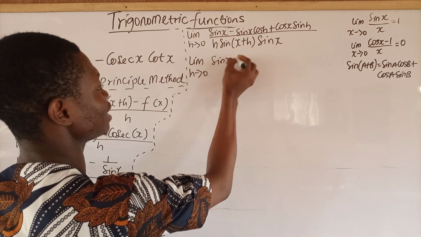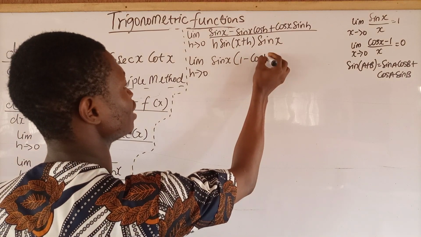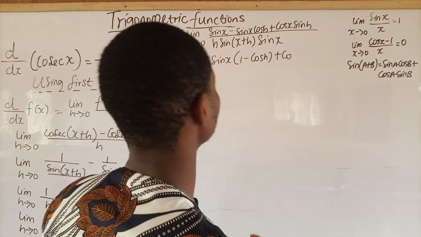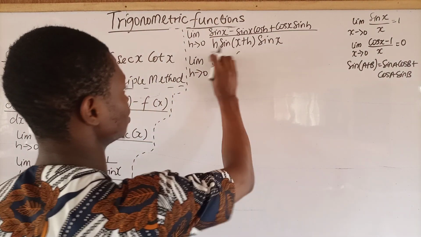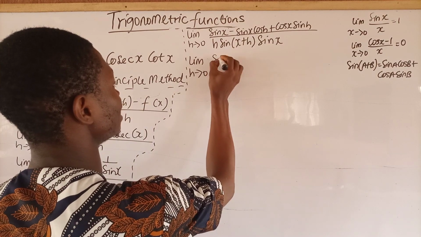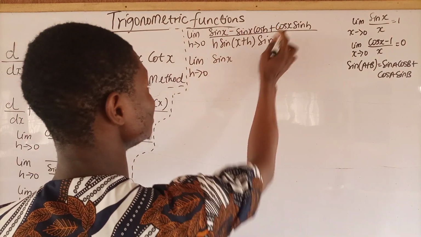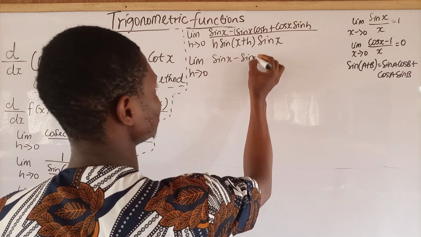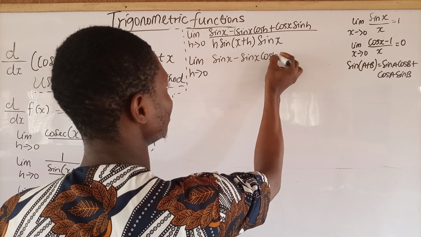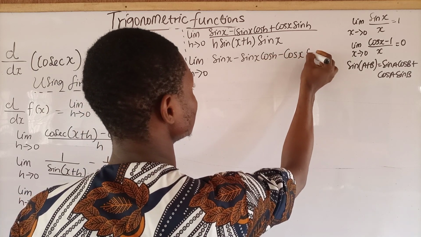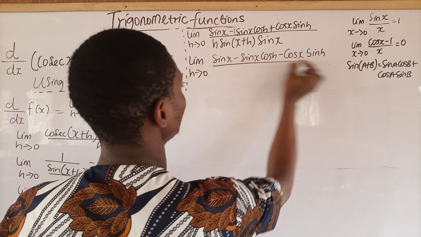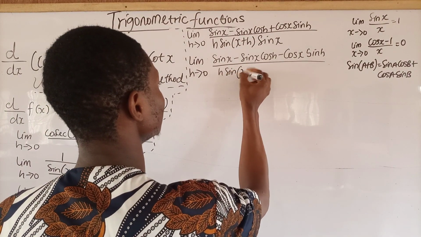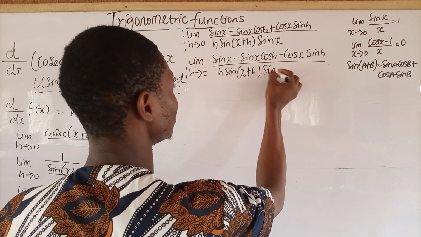We can factorize, these things are common. Okay, let's not factorize now. Just we have sine x, and opening this bracket gives minus sine, because this is just like a bracket here. We have minus sine x cos h minus cos x sine h all over h sine of x plus h sine x.